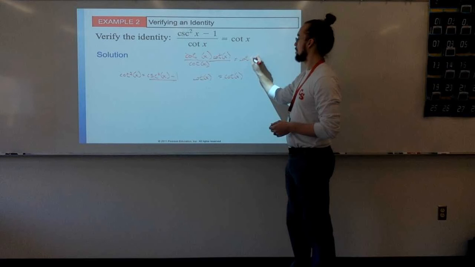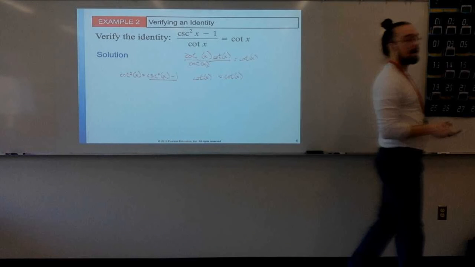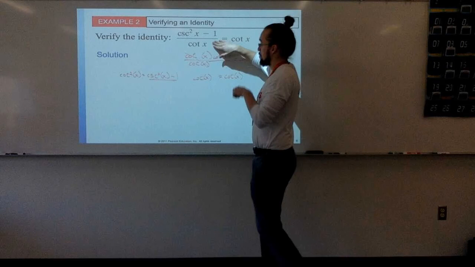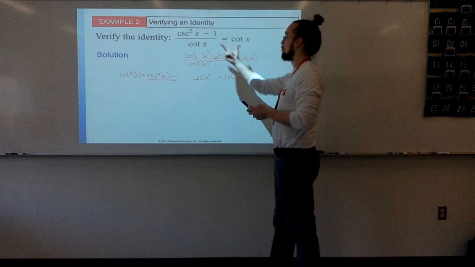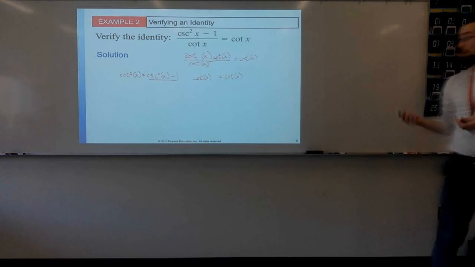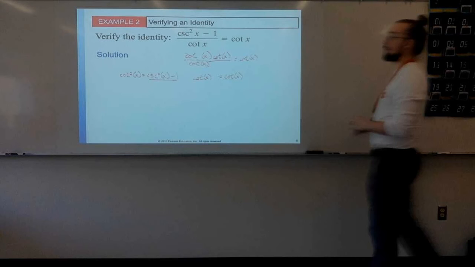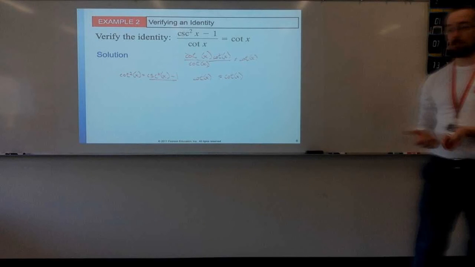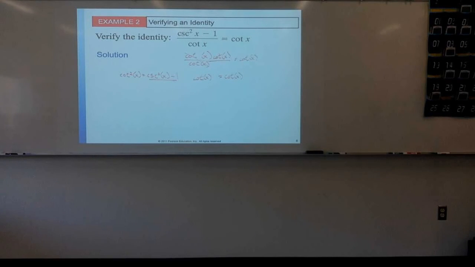So that's how we would verify an identity, okay? Showing the steps that prove one side of the equation equals the other. So in this problem, we just had to use one of our Pythagorean identities and then cancel something out. Questions so far?